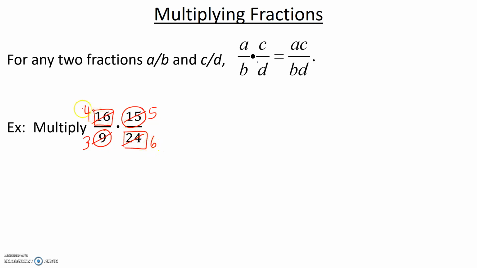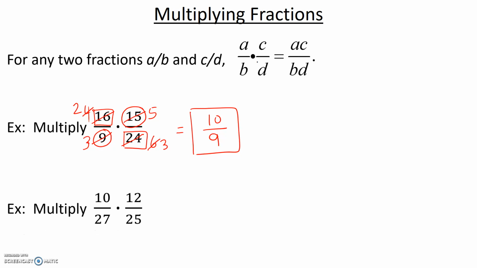We just have to repeat this process. 2 goes into 4 twice, and 2 goes into 6 3 times. So we reduced once again by 2. Once everything is in reduced form, we multiply the numerators. 2 times 5 is 10. Multiply the denominators. 3 times 3 is 9. And our answer is 10 over 9.